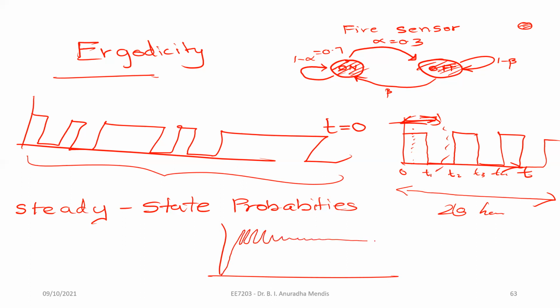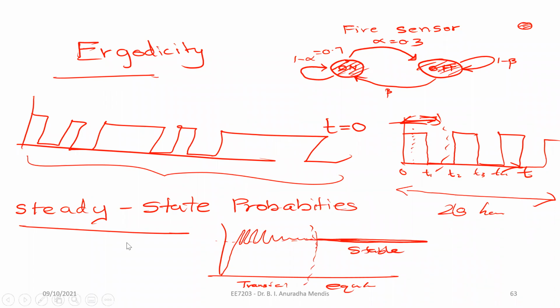But after some time, the system will stay at this level. At the beginning, there are some fluctuations, but normally, if the system is stable, then it will go to some equilibrium level. Until that time, we call this transient. This is equilibrium. So after some time, the system is stable. When the system is stable, what are the probabilities of those states? Those states we call steady state probabilities.